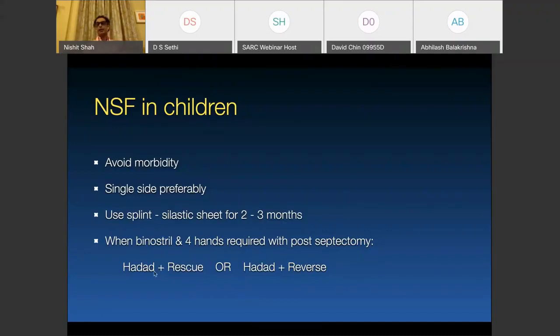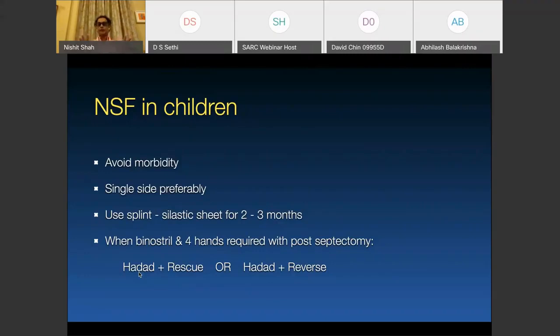You can use a Hadad flap on one side and do a rescue on the other side. A rescue flap essentially is an incomplete Hadad flap, right? So your posterior end stays connected, your anterior end stays connected, and you just make two parallel incisions that allow you to drop the periosteum on the other side. This allows you to do the posterior septectomy, allows a binostril approach, and yet maintains the intact periosteum with an intact vascular supply.